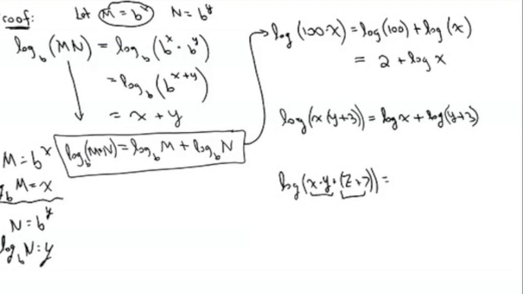So basically, anytime you see a times, it turns into a plus, as long as you put log in front of the next term. So it's log of x plus log of y plus log of z plus 7. And that's called expanding with the first law of logarithms. Multiplications become additions as long as you put logs in place of it.